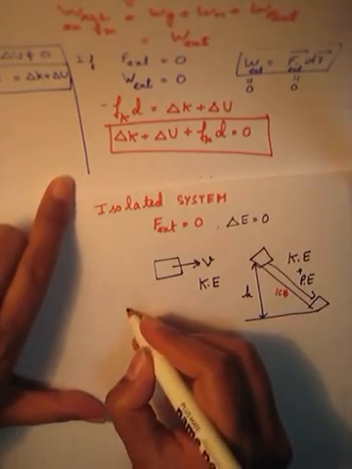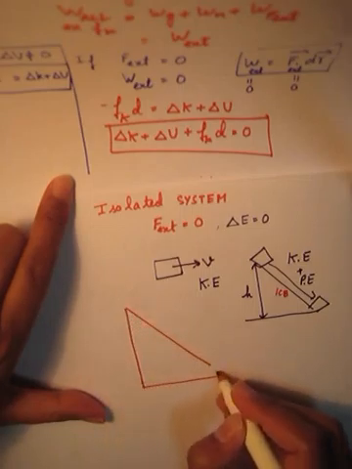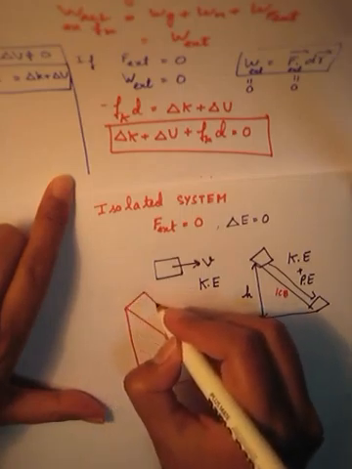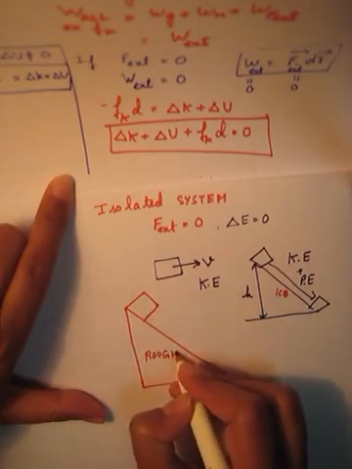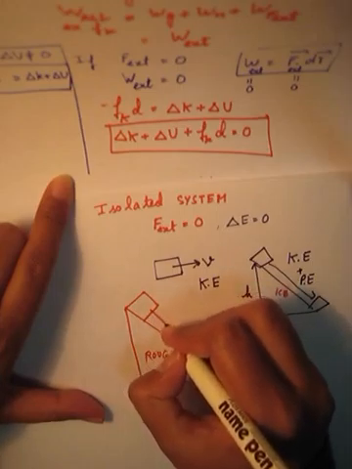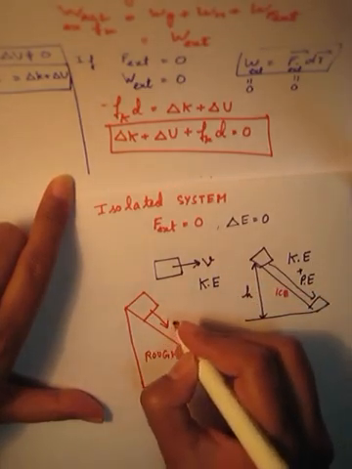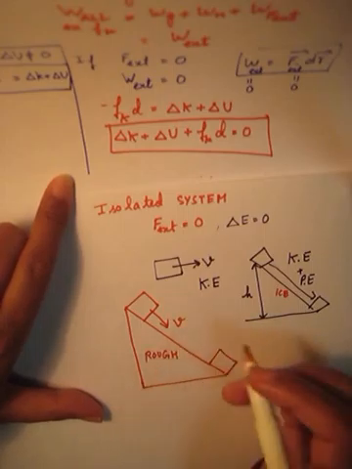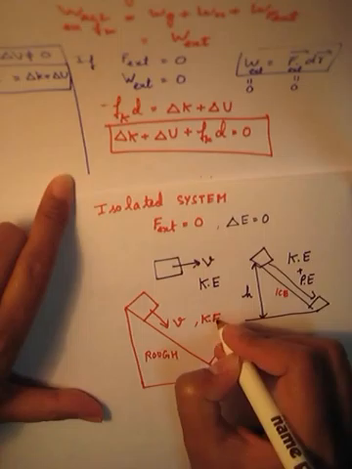In the third case, suppose there is an object and this is not ice now, this is a rough surface. The object is moving downwards and it reaches somewhere here, and it has velocity, so it will have kinetic energy.